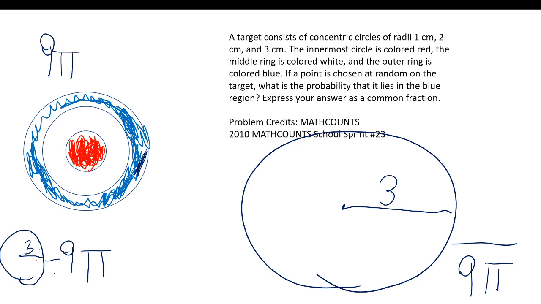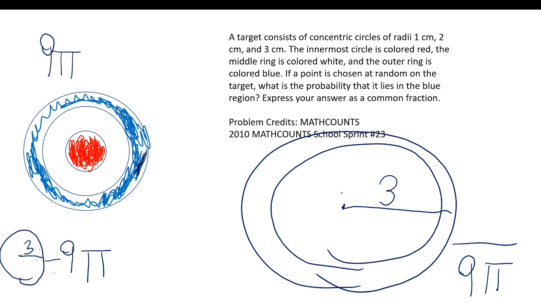Well, we don't really have any formulas to compute the area of this weird ring shape, but we can take the area of this big thing and then subtract off the area of the white circle. So if I start with this and I cut a hole in the circle, I'll be left with this tiny ring.